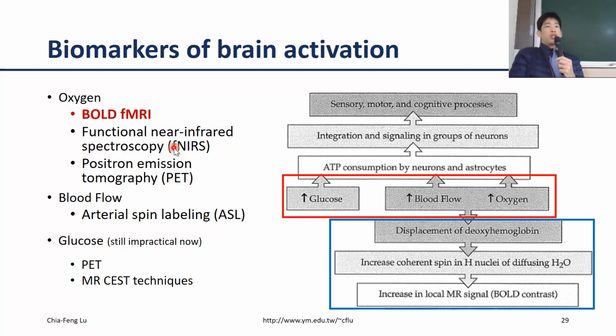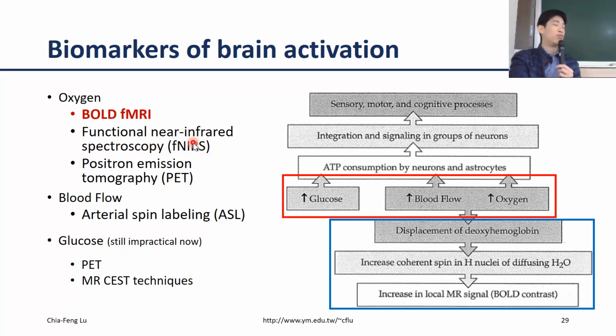So I'll try to give you a short summary. If you try to use some neuroimaging technique to probe the brain activation, there are several different ways you can do so. For example, you can try to probe the oxygen or oxygenation level. You can use BOLD fMRI, just like we described in the previous slides. There's another technique we call functional near-infrared spectroscopy.